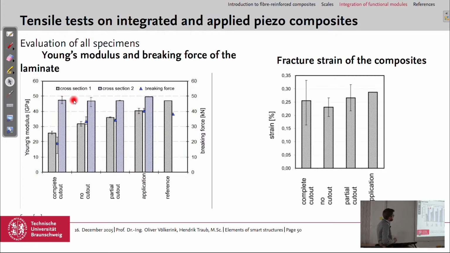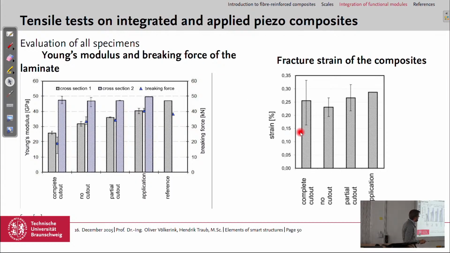But in cross-section 1, where the strain gauge is applied in the region where the functional module is, the lowest stiffness is by the complete cutout, and the partial cutout has the lowest impact on the stiffness, but even the application leads to a lower stiffness.